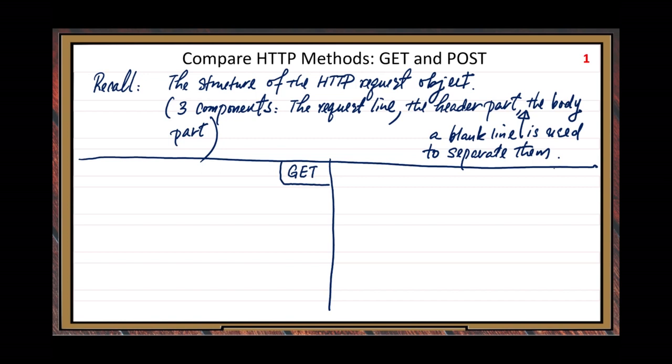This part we list the post method, the main properties, so we can compare. The first part: the data is stored in the request line.